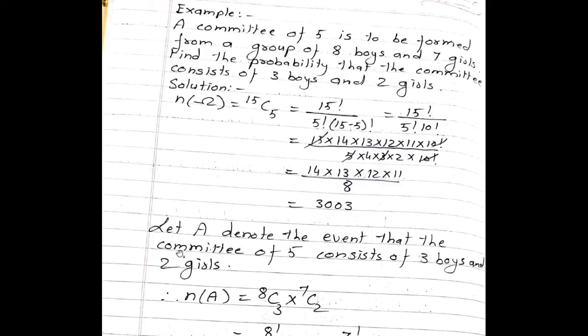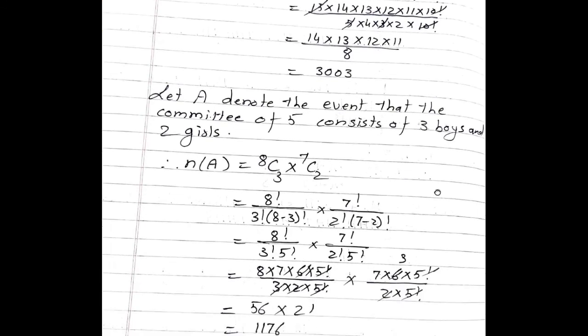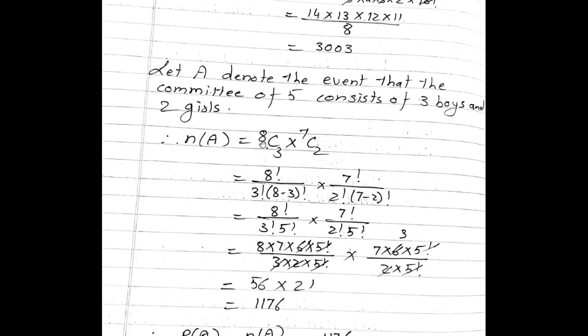Now let us define event A as, let A denote the event that the committee of 5 consists of 3 boys and 2 girls. So n of A is given by 8C3 into 7C2. 8C3 can be written as 8 factorial upon 3 factorial into 5 factorial, into 7 factorial upon 2 factorial into 5 factorial.